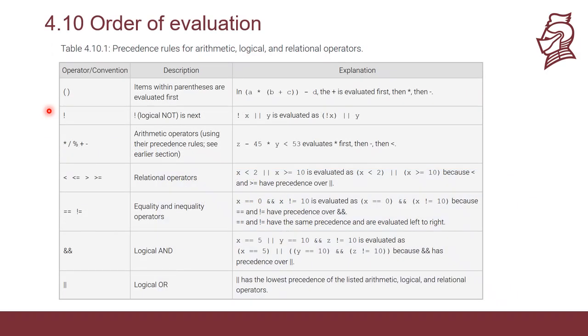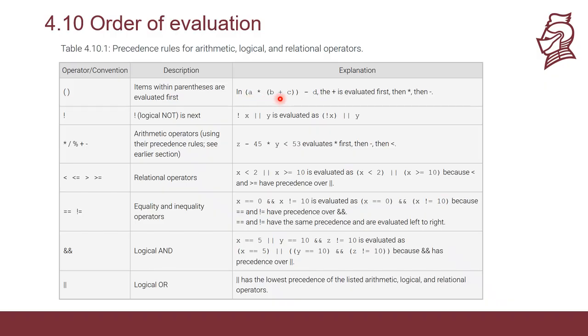This table shows the precedence rules in order of precedence for arithmetic, logical, and relational operators. So the highest precedence are parentheses. So you can always control precedence with parentheses, right? So if you look over here, what's evaluated first?